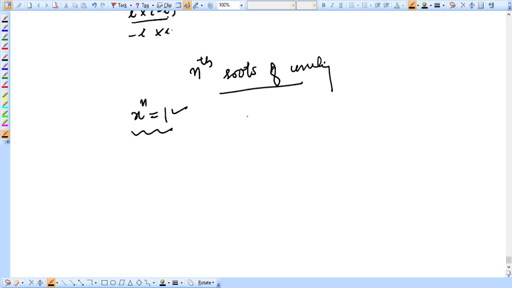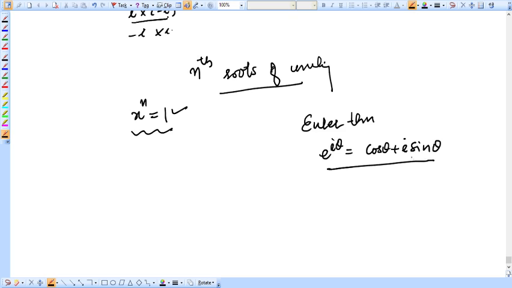We know one thing, Euler's theorem, that e^(iθ) = cos θ + i sin θ, right? Can you tell me what is e raised to the power i 2π?